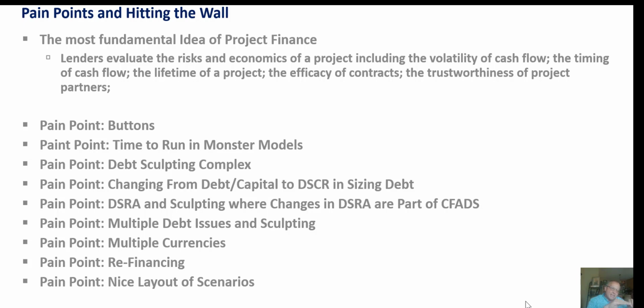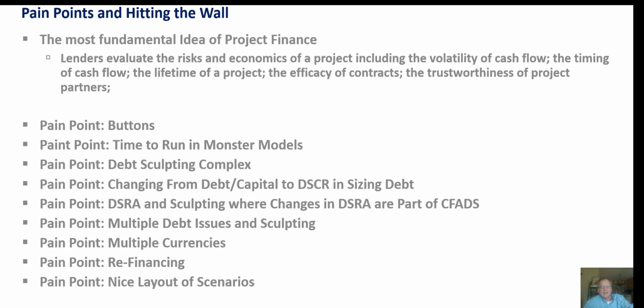If DSRA is changing and you want the changes in the DSCR in the CFADS for sculpting, if you have multiple issues, multiple currencies, if you want to stick refinancing in at the end, if you want to have a bunch of scenarios laid out and you don't want to write a gigantic macro to do it all, okay, that's some of the problems.